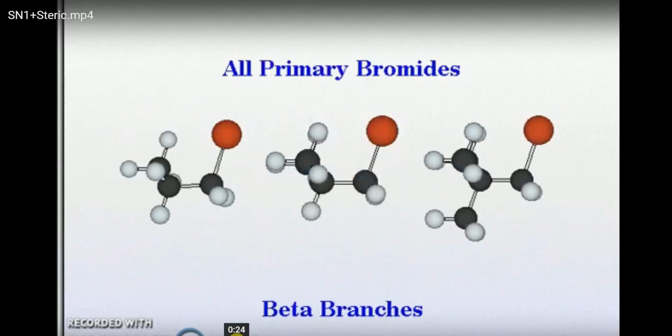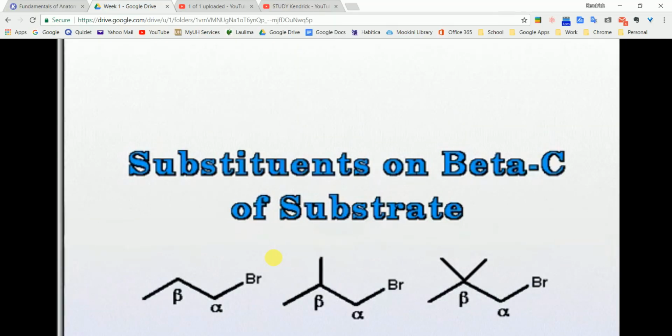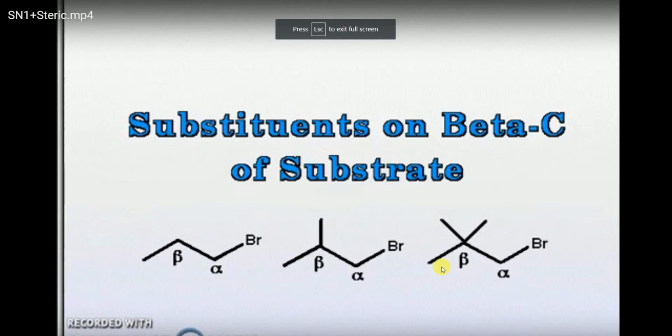Okay, so substituents on the beta carbon of the substrate. You can see that there are some substituents that appear on the beta. For secondary, you see it becomes a tertiary.